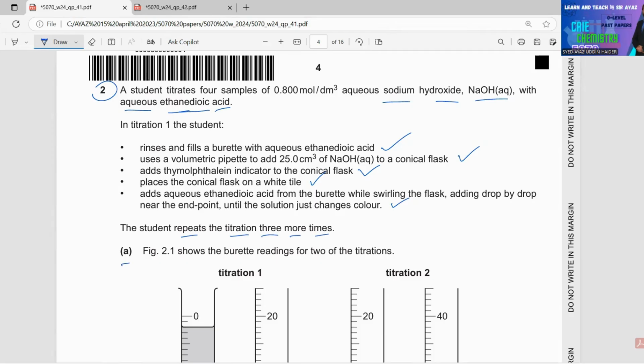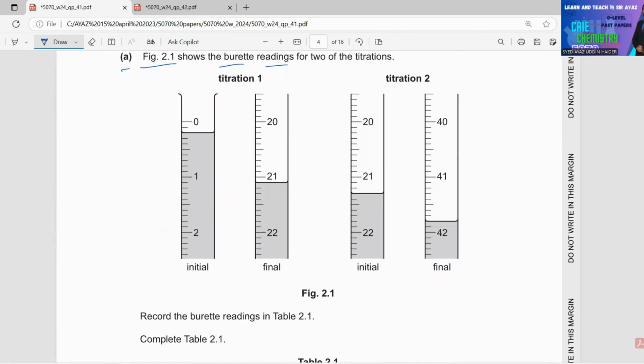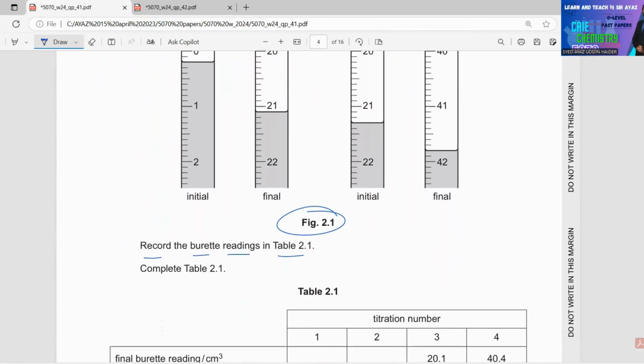A. Figure 2.1 shows the burette readings for 2 of the titrations. We have titration 1 and titration 2. Record the burette readings in table 2.1. Complete table 2.1.